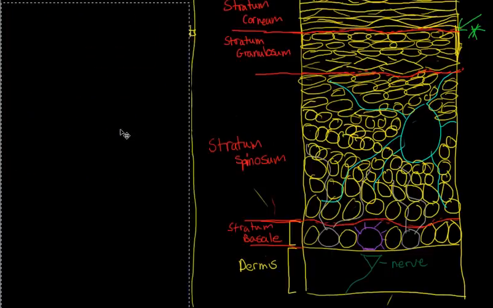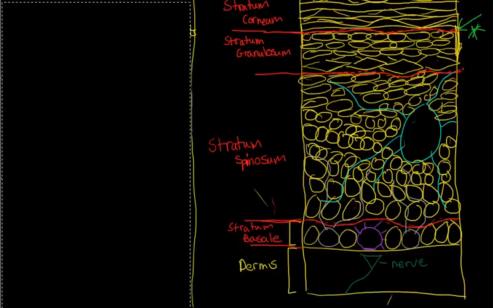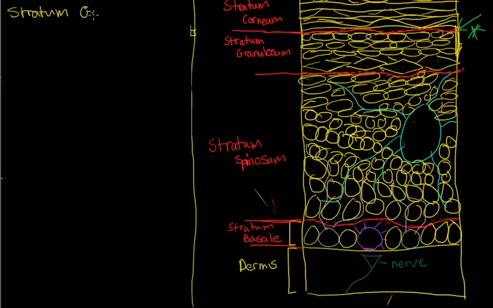The next layer, hopping forward, is the stratum granulosum, or the granular layer. What it's going to do is secrete 2 special types of granules. And these are still keratinocytes here. These are still epithelial cells.